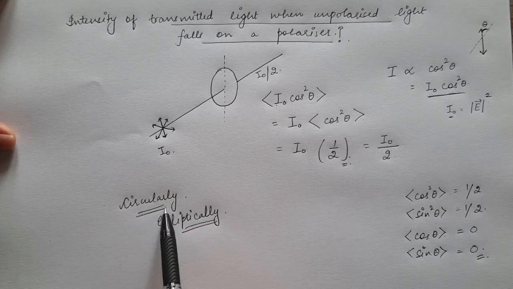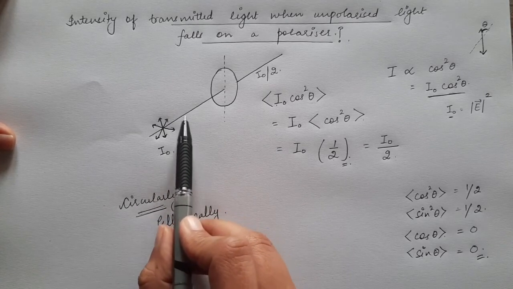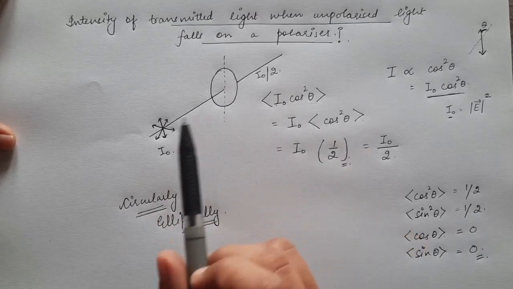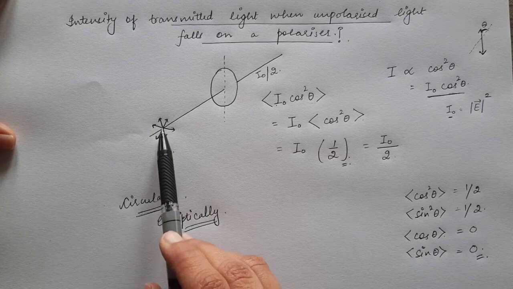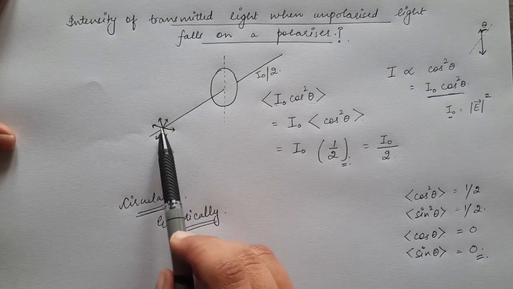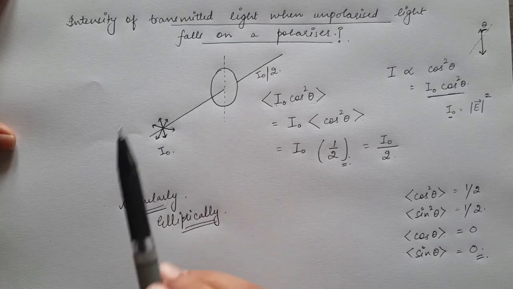In circularly polarized light, the tip of the electric field rotates periodically in the form of a circle, so the angle theta in that case is also not fixed. The angle theta which the electric field makes with the transmission axis changes. As the direction of vibration of the electric field changes, the angle theta will also change.